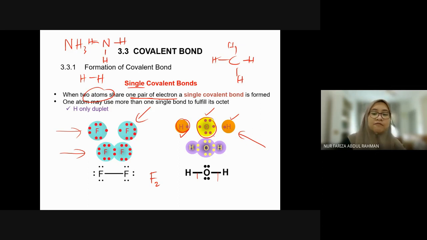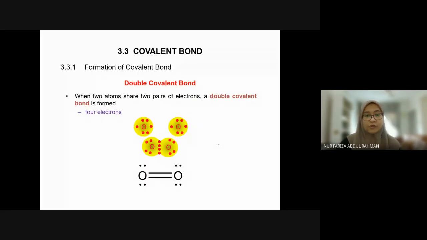Molecules involve more than 1 type of atom. So we have H2O. Okay, alright. So double covalent bond. Okay, so they share 4 electrons there. For example, oxygen.